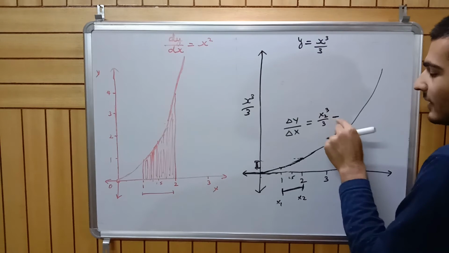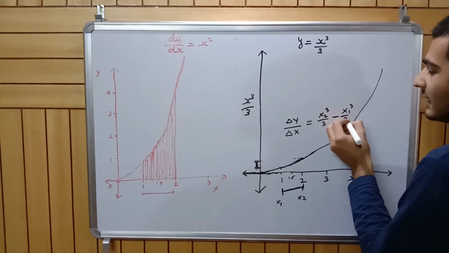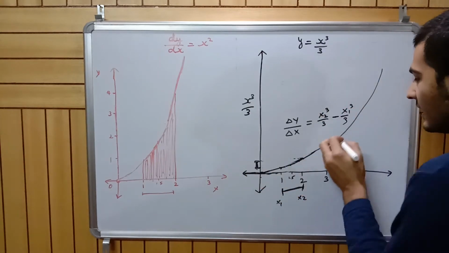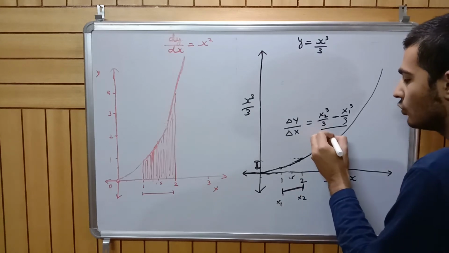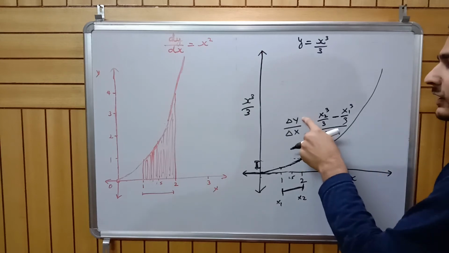So I subtract the y value at x1, which is x1 cube by 3, and by subtracting this, I get this change in y, and I divide this by the change in x, which is simply x2 minus x1. So now we finally got our dy by dx.